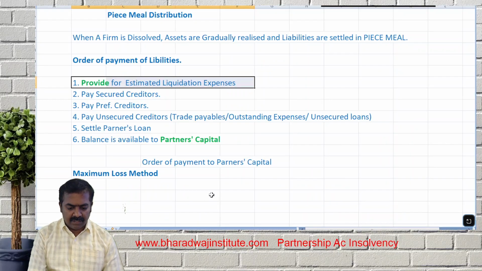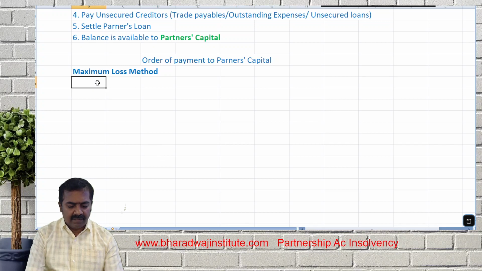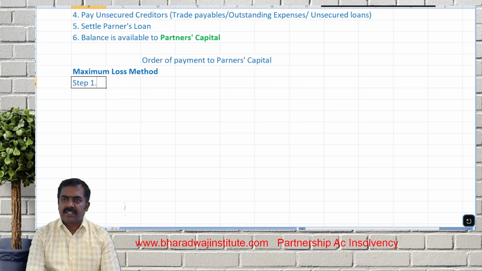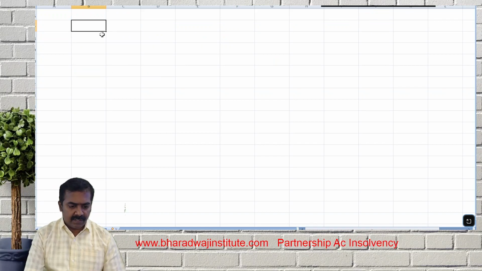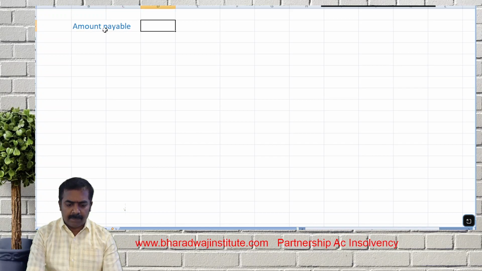Now pay attention. Maximum loss method, I will come to step 1, step 2, step 3, step 4 later. Don't copy this, just listen to it. Amount payable: who do we have to pay? Liquidation expense we have to provide for.